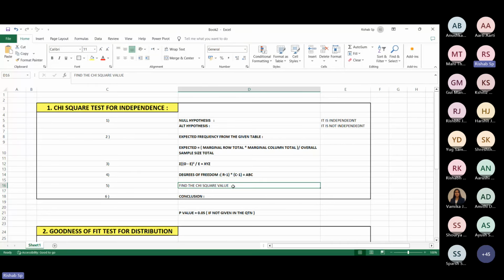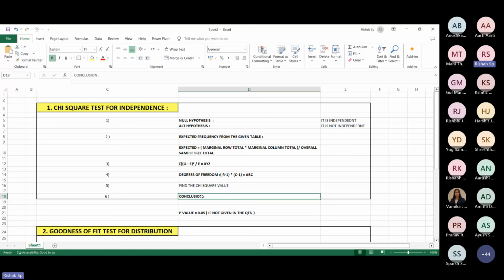This chi-square value is compared with the given p-value. If the p-value is not given, take it as 0.05. In conclusion, we either reject the null hypothesis or fail to reject the null hypothesis.